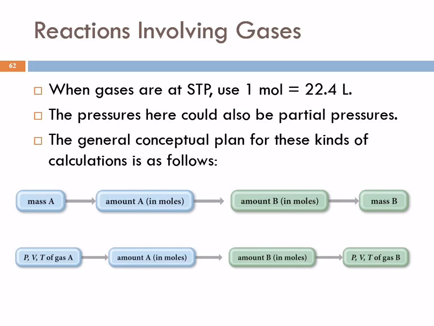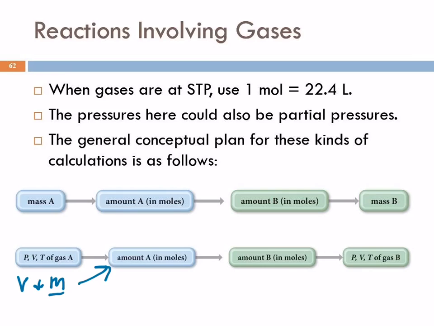But we've also learned a couple of other variations on this. We could have volume and molarity of a solution and go this way, and then end up with pressure, volume, and temperature of a gas.